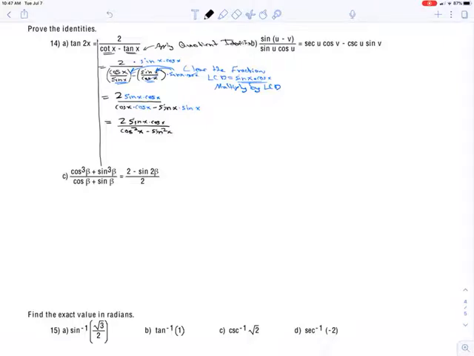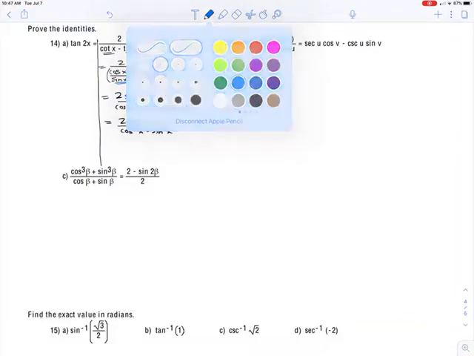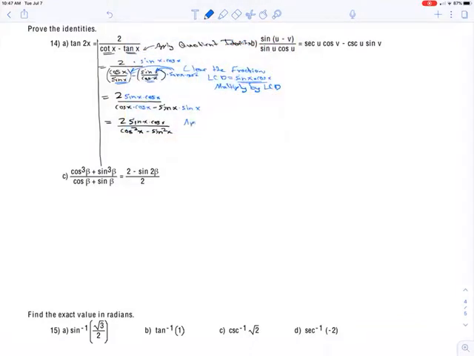Well, now we've got two identities, right? We've got double angle identities. So let's make that note. Apply double angle identities. So we know right here, for example, this is the double angle identity for sine. This is equal to the sine of 2x.